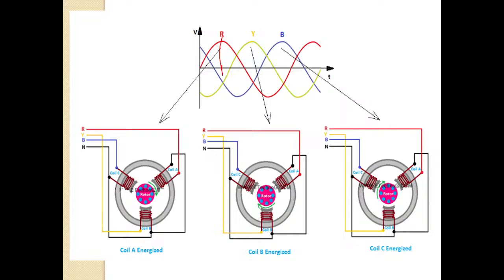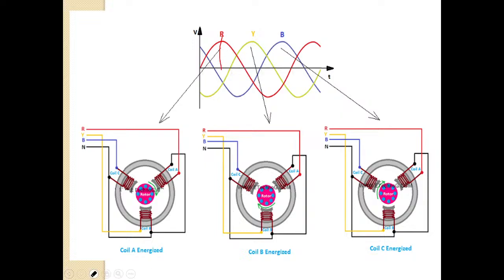At the same instant of time, what about the blue line and yellow line? R, Y, B means red, yellow, and blue. Red phase, yellow phase, and blue phase.